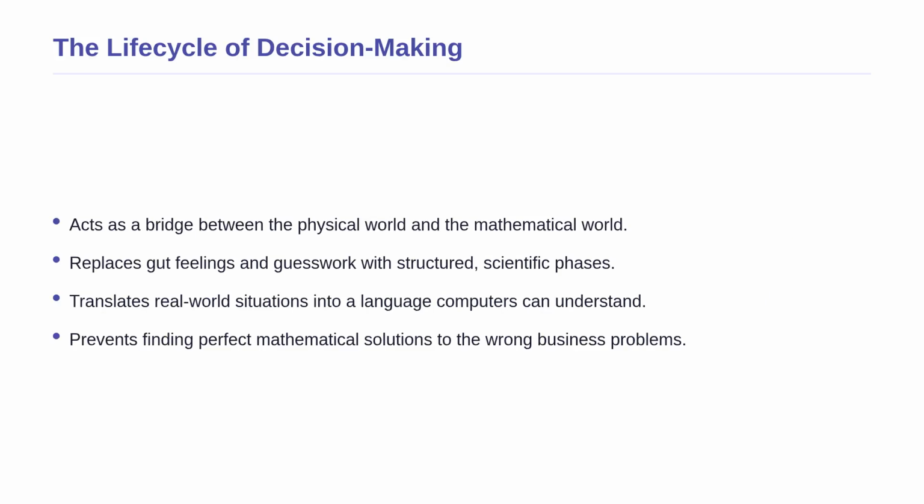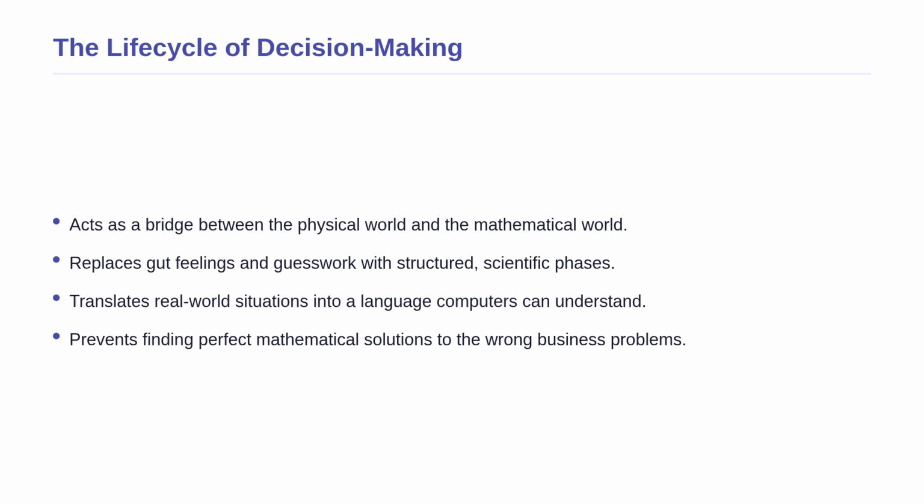Now that we understand the basic idea, let us look at why this life cycle matters. The phases of operations research act as a crucial bridge between the physical world and the mathematical world. Instead of relying on gut feelings or guesswork, managers use these structured phases to guarantee they are making the best possible choice.